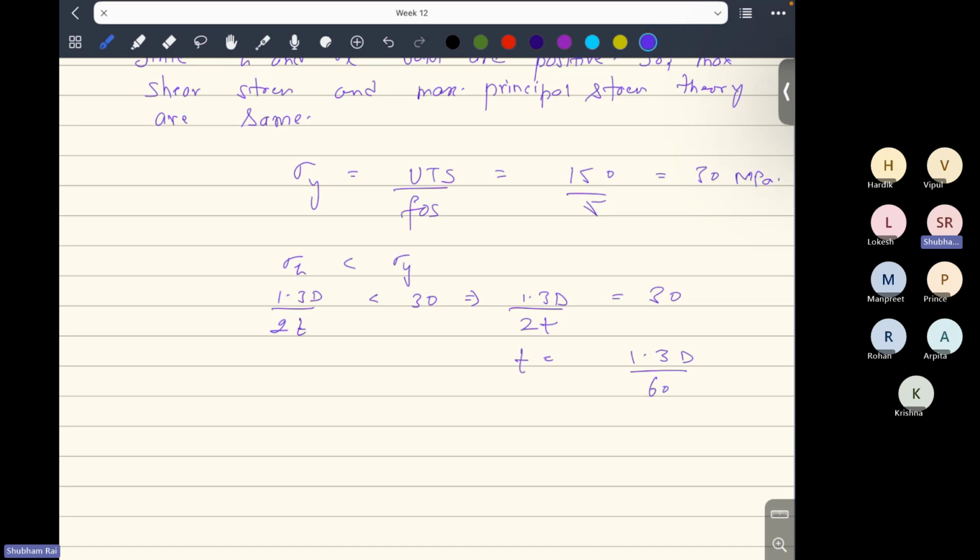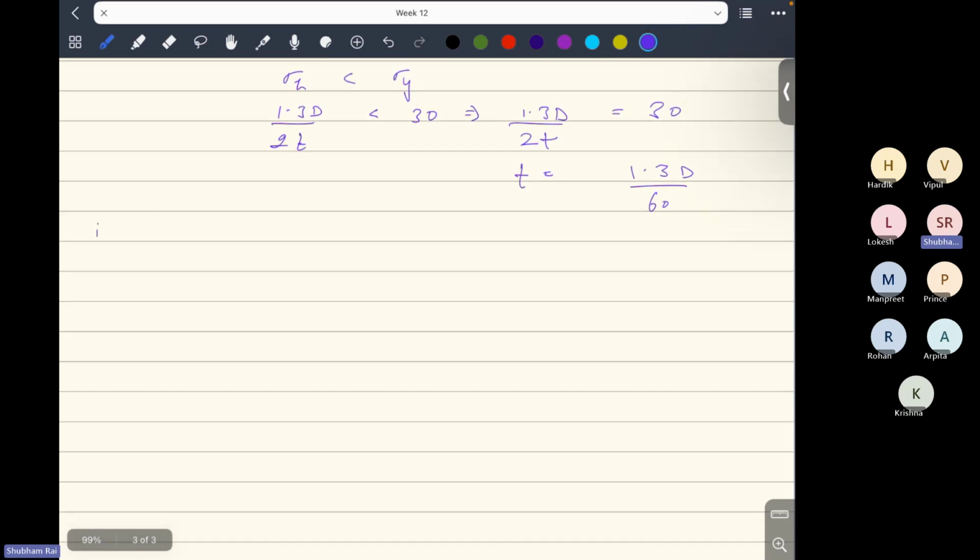So this will be the thickness. For d equal to 1.5 meter, we have to convert meter into mm, since we want thickness in mm. So thickness will be 1.3 times 1500 divided by 60, which is 32.5 mm.